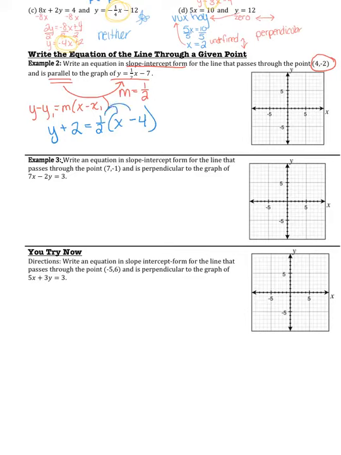So I'll go ahead and distribute the 1/2, so y plus 2 is equal to 1/2 x minus 2. Subtract 2 over, and my equation in slope-intercept form is y equals 1/2 x minus 4.